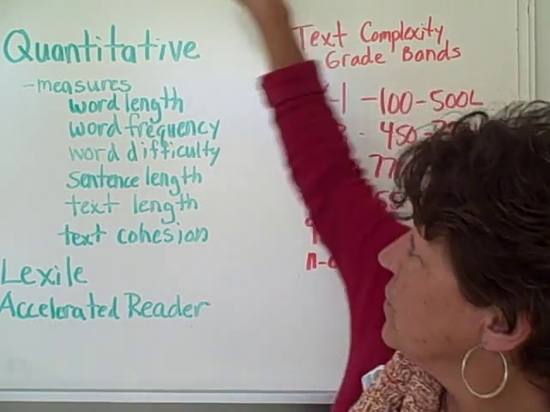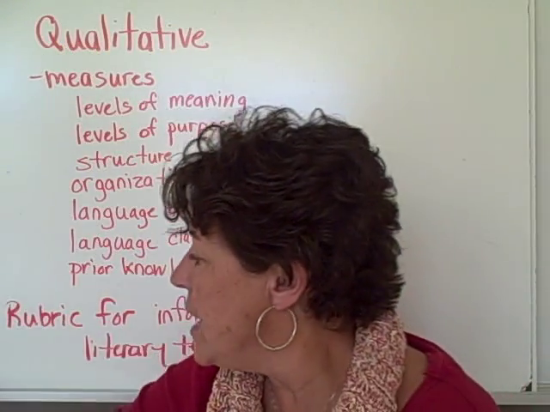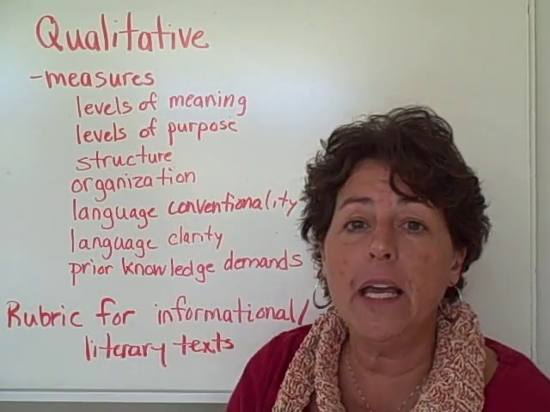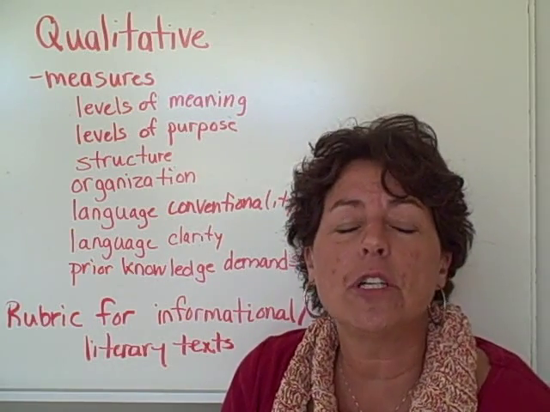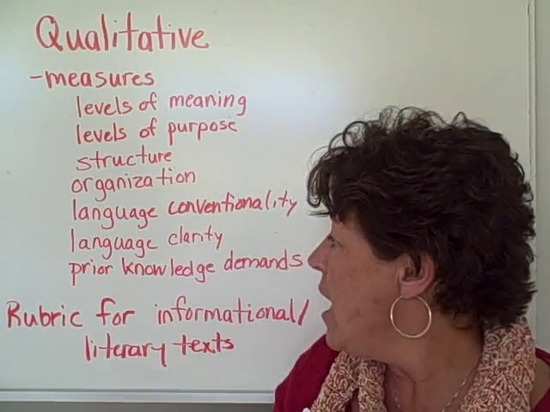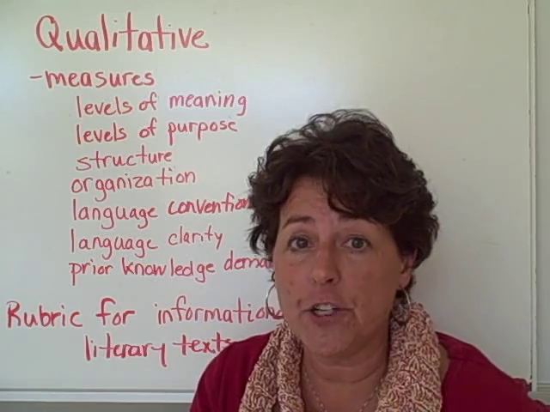The next component is qualitative, and this measures the level of meaning, purpose, structure, organization, language conventionality, language clarity, and even takes into account the demands of someone's prior knowledge.